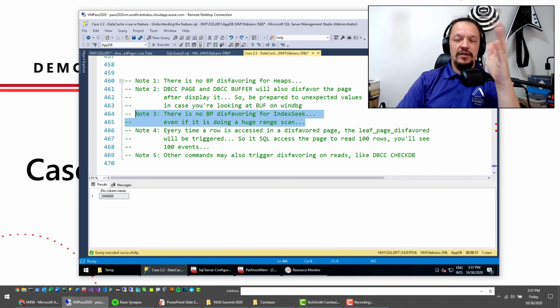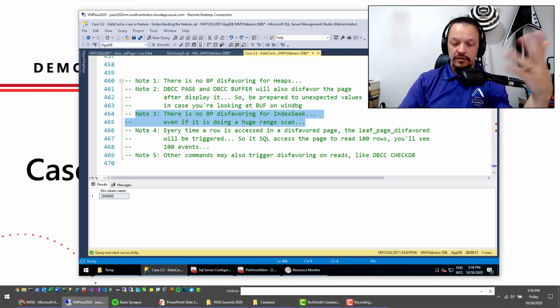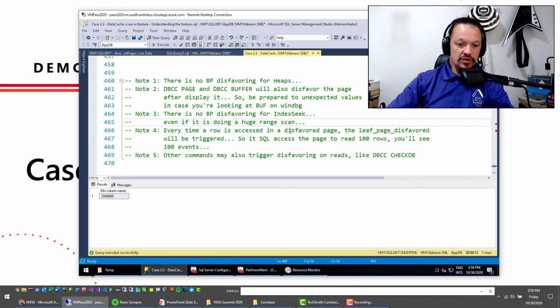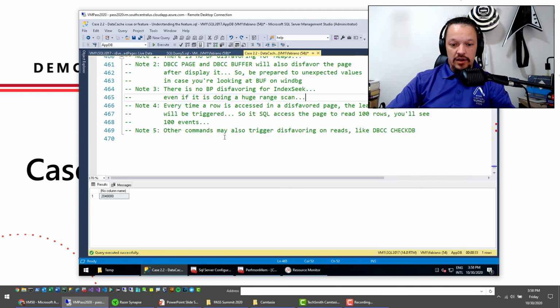And I said looks like because this is not documented, and most of those things I figure out by looking at the debugger and doing my own tests, right? So I might say wrong things here, but so far I'm pretty confident that I'm not wrong in any of those comments, but I might be. Every time a row is accessed in a disfavored page, the leaf page disfavored X event will be triggered.